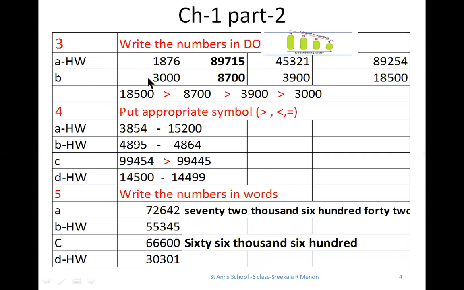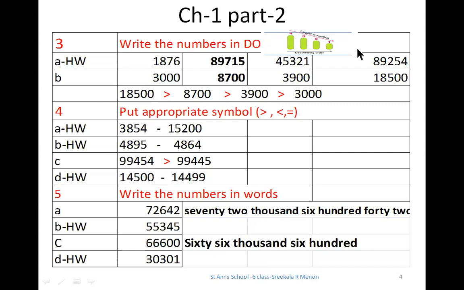Look at the question. The numbers are 3,000, 8,700, 3,900 and 18,500. So the answer for this question is 18,500 is bigger than 8,700 is bigger than 3,900 is bigger than 3,000.